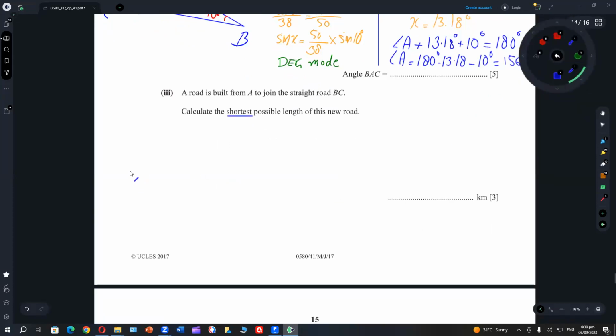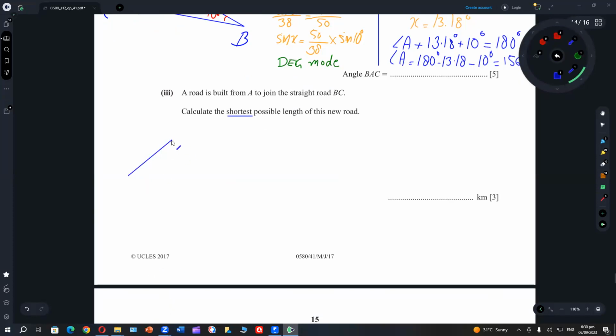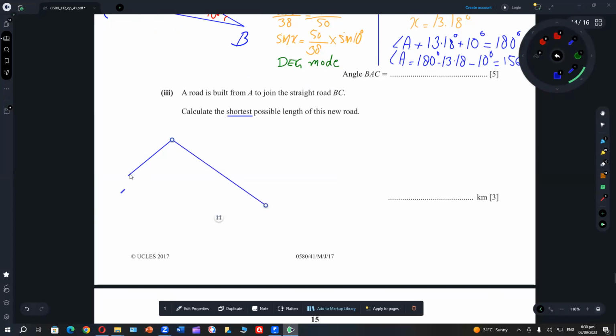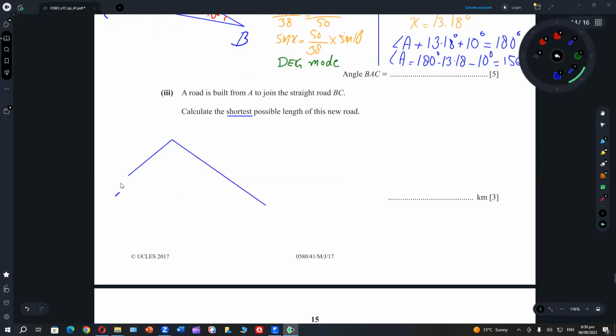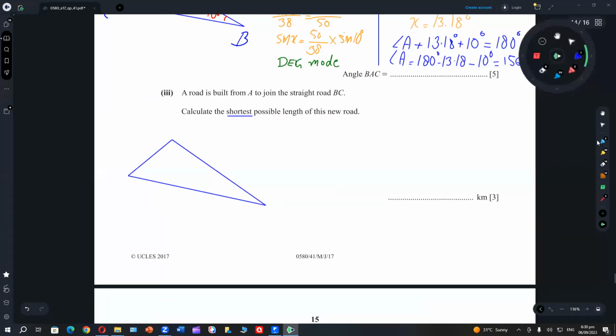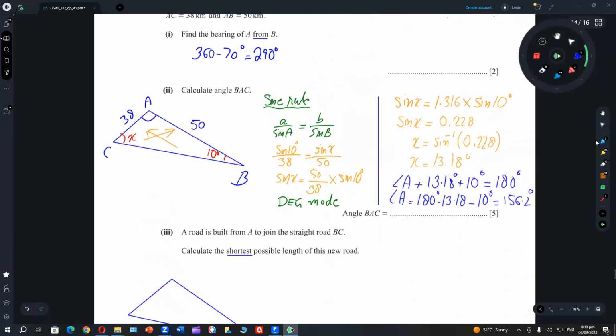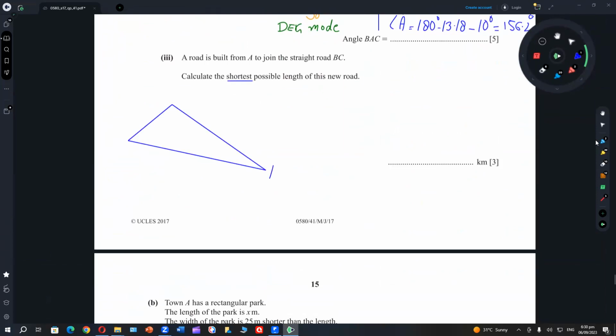So how do we find shortest distance? You can look at the notes. I'm drawing the triangle again. Sir, how do you find the shortest distance? Look at the notes, how do we find shortest distance?